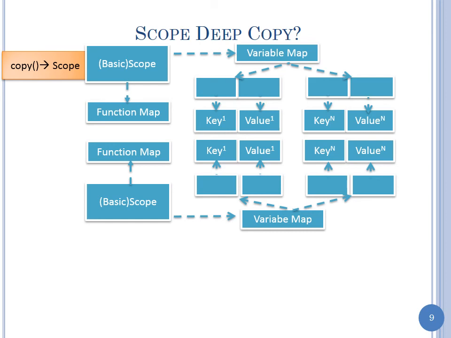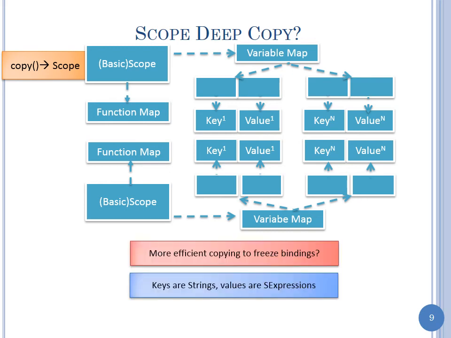Some objects can't be changed. And in our scope, the keys and values are what? When you do a setq, you're doing what? So it's either an identifier or a string as a key, and the value is a... okay.